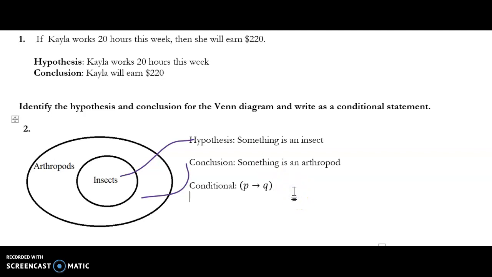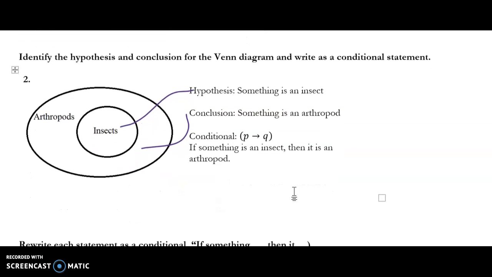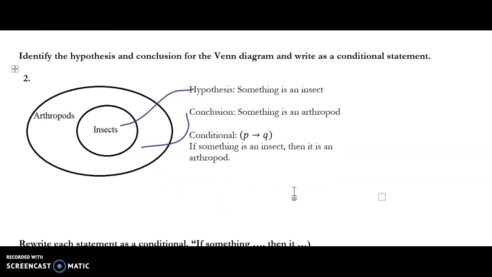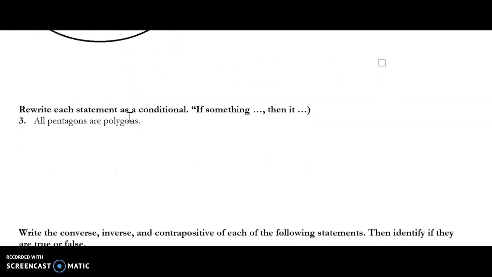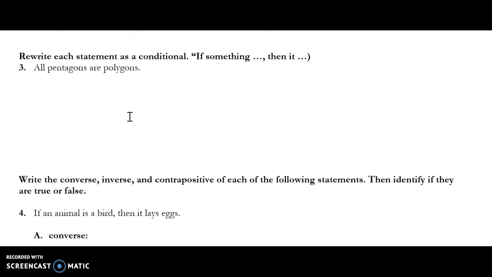So our conditional statement would be if something is an insect, then it is an arthropod. And that's all there is to it. So hypothesis, when you see something like this, something or it or animal or whatever it might be, that's how it works.